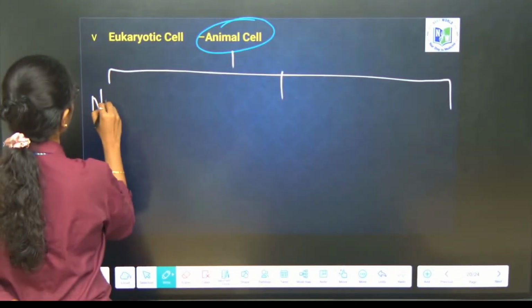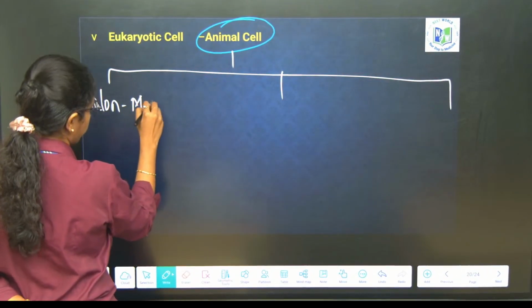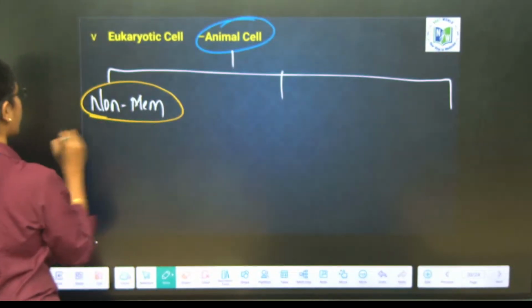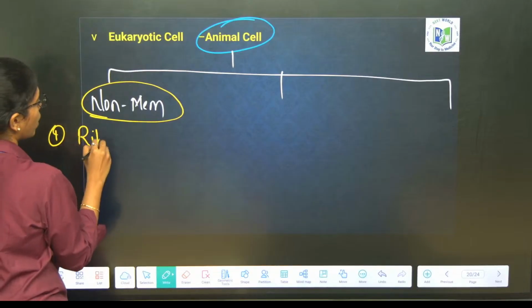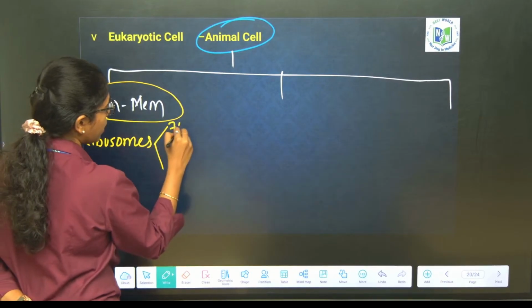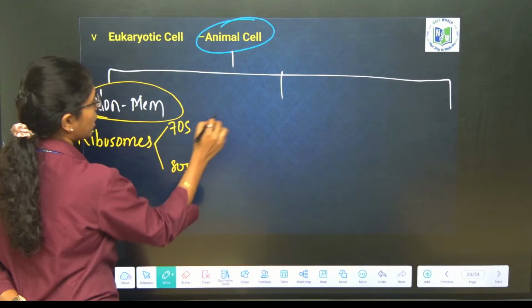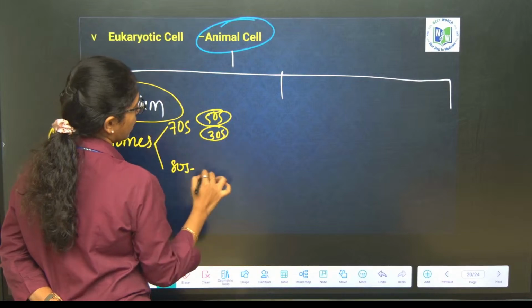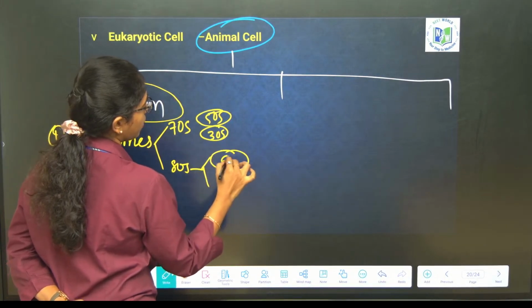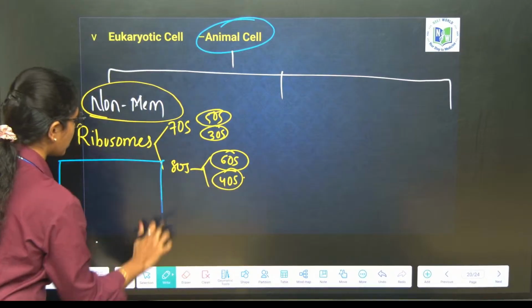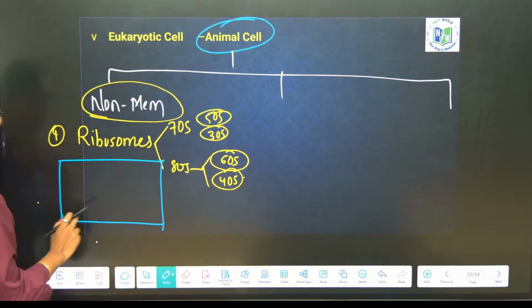Now, let us revise the organelles which are present in the animal cell. First, non-membrane bound: we always have to consider ribosomes first. Two types we have, 70S and 80S. The larger subunit is 50S and the smaller is 30S; for 80S, 60S and 40S. Where are the locations of 70S ribosomes?